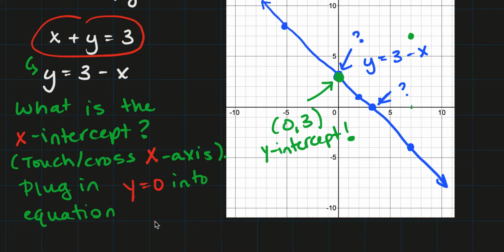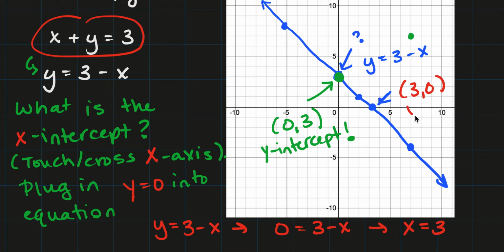So our equation was y is equal to 3 minus x. Let's plug in 0 for y. So 0 is equal to 3 minus x. We can move the 3 over, or we can move the x over, and we get x is equal to 3. So this point here, and it looks like it's correct, is 3, 0. This is our x-intercept.